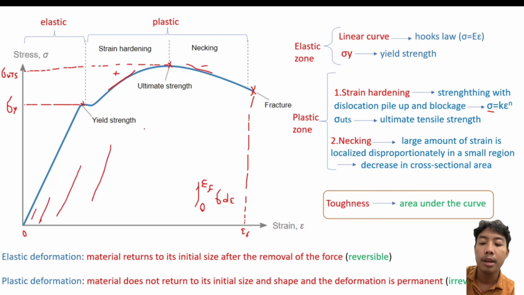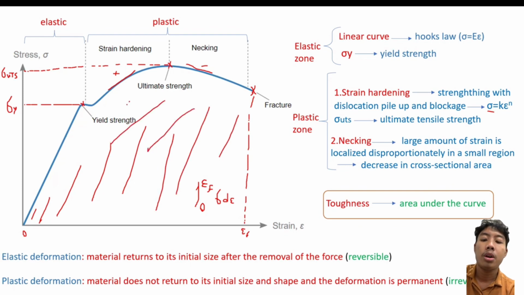For example, by integrating the curve, we can calculate the toughness of the material, or the absorbed energy of the material right before fracture. From this integral, you can see this is the area under the curve. So if we have the area under the curve, we can understand the toughness, or the absorbed energy, of the material before fracture.